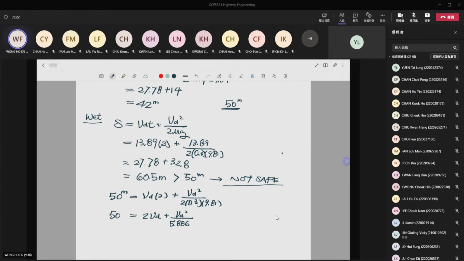Then for this one, you can find that Vd should be equal to 12.3 meters per second, okay? And then if you turn it back to km per hour, you should multiply by 3.6, and then you should have around 45 km per hour. So this one we call the safe speed when it is in wet conditions.